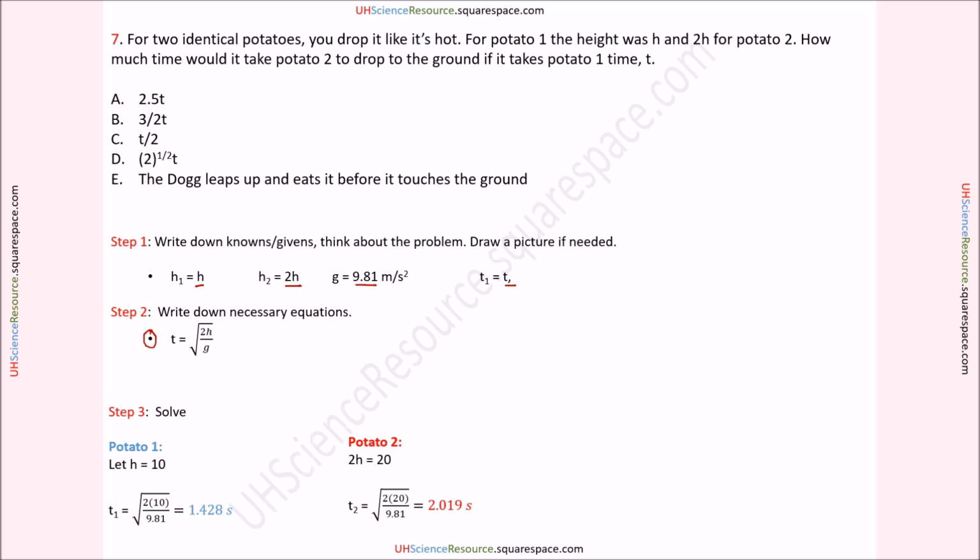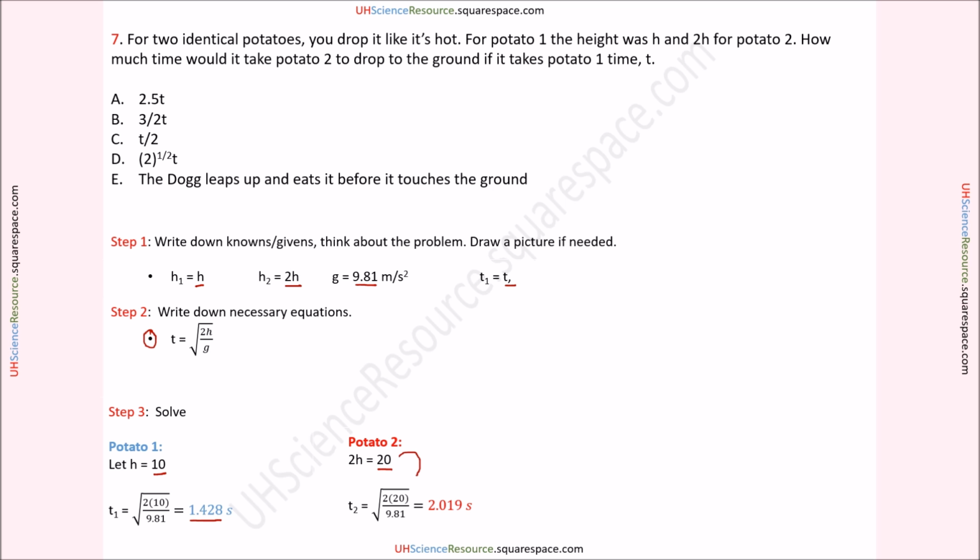We're going to let the height of potato 1 equal 10 meters. If we do that, and we calculate the time it takes for that potato to fall down 10 meters, we're going to get 1.428 seconds, and that's given right here. And since we know that the height for potato 2 is going to be twice that of potato 1, we just multiply it by 2 to get 20 meters.